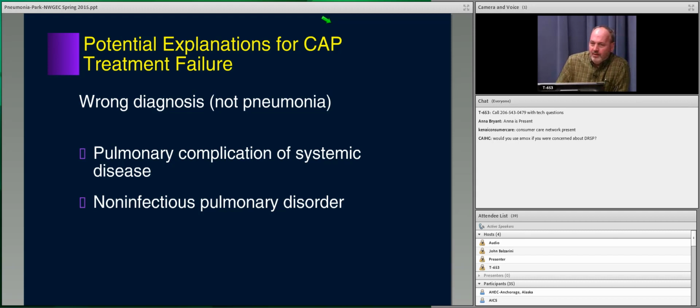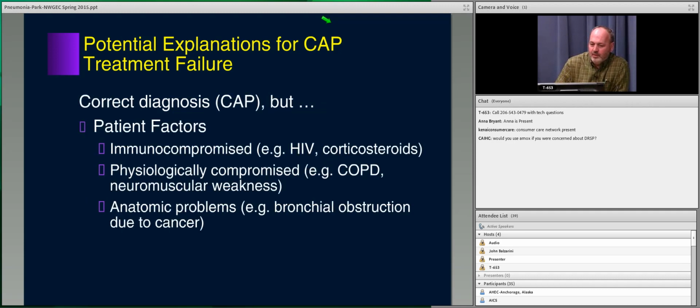Well, maybe you have the wrong diagnosis. Maybe there's something about the patient that we somehow might identify. So maybe it's some kind of pulmonary complication of their rheumatoid arthritis or whatever. Or maybe it's some non-infectious pulmonary disorder that's on the pulmonary boards but not on the general medicine boards, the nursing boards, or any other kind of test.